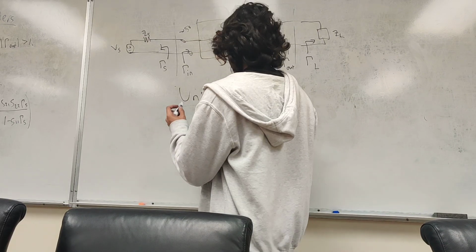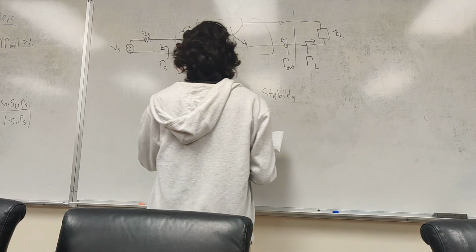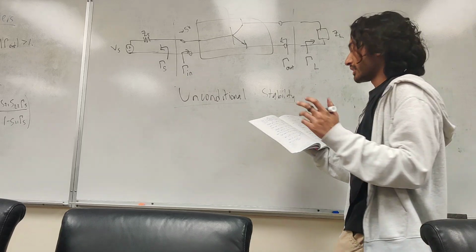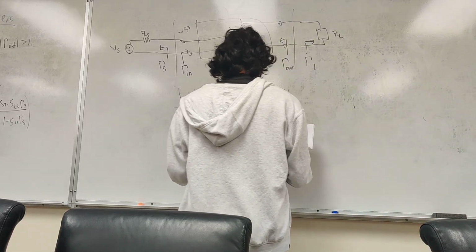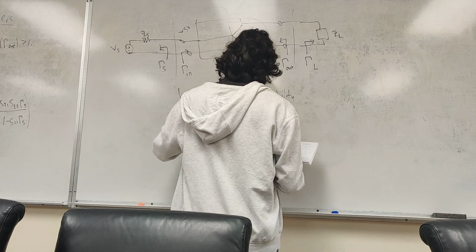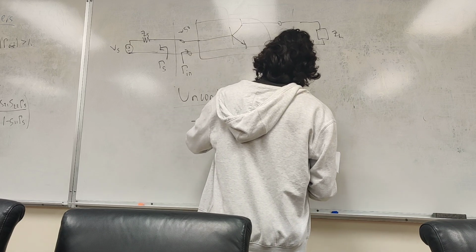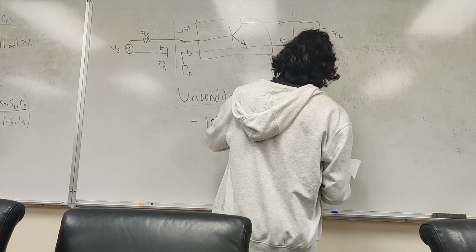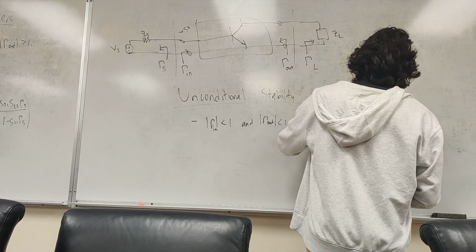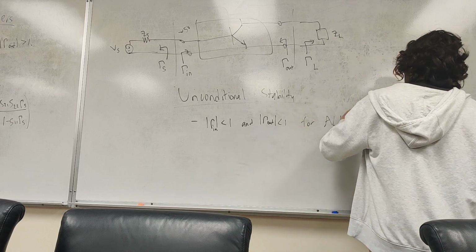Okay. Unconditional stability. We are unconditionally stable, which means we're not going to oscillate no matter what, if the magnitude of gamma in is less than 1 and the magnitude of gamma out is less than 1 for all passive sources and loads.